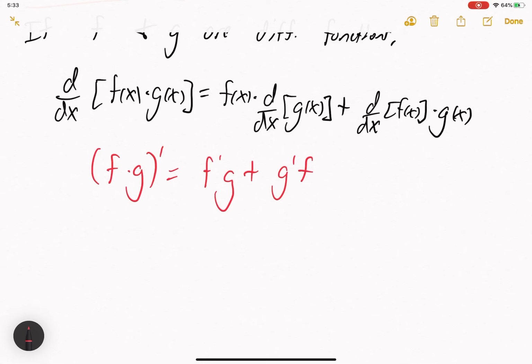So it doesn't really matter how you write that. These are commutative. You can swap the order of the addition. Multiplication is also commutative. So you could write g f prime, or g times f prime plus g prime f, or however you want to write it.